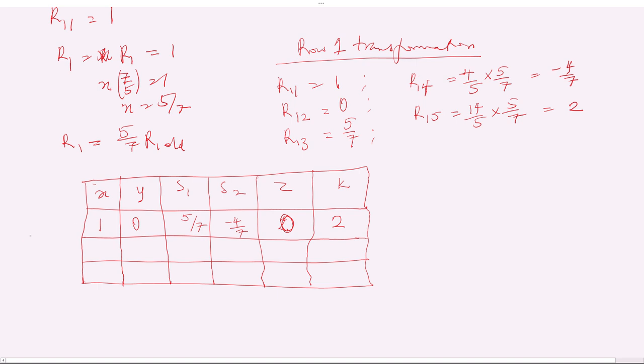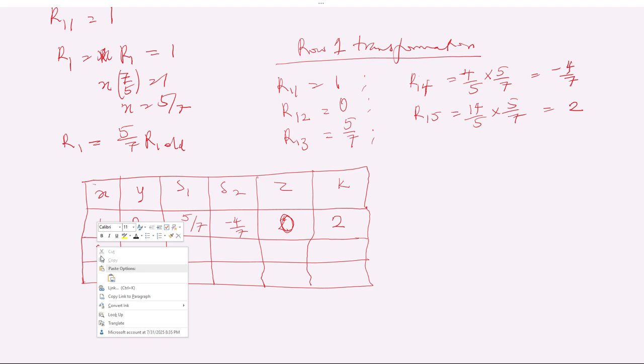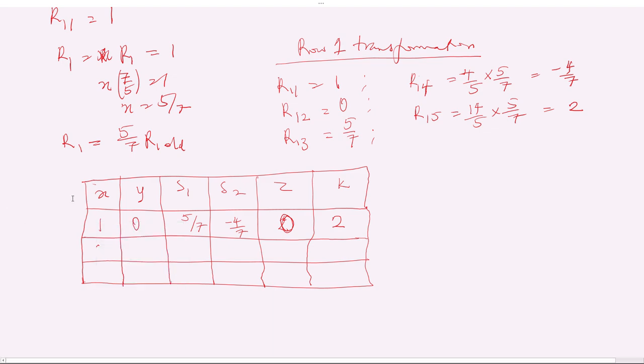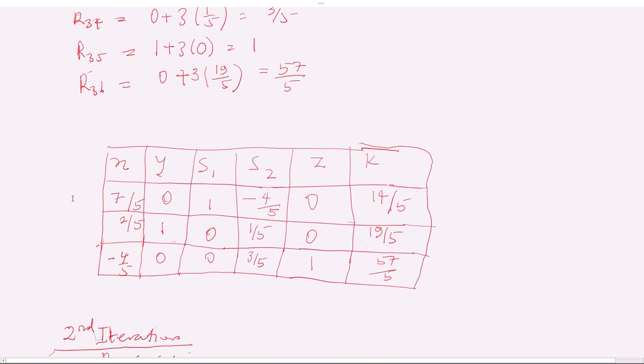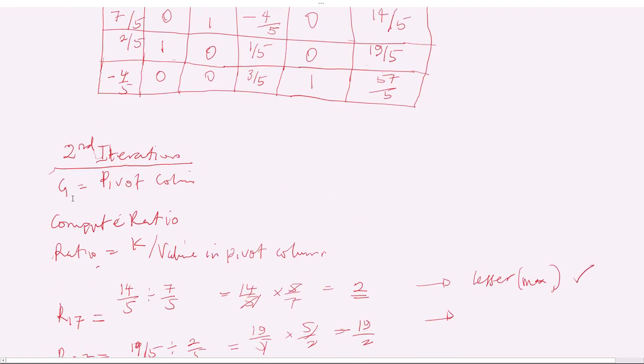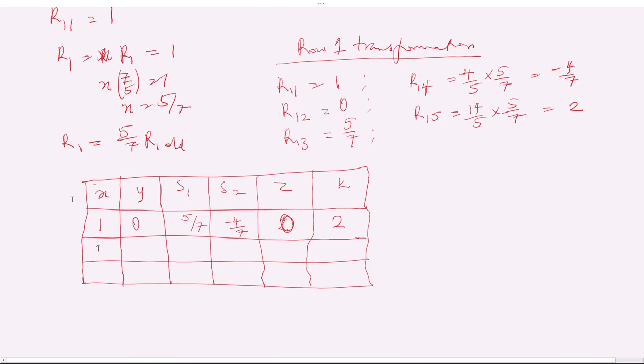So if you do that, we already know this. So for row 2, what do we have? We already have values for row 2, which is 2 over 5, 0. No, no, no. Sorry, this is 1.